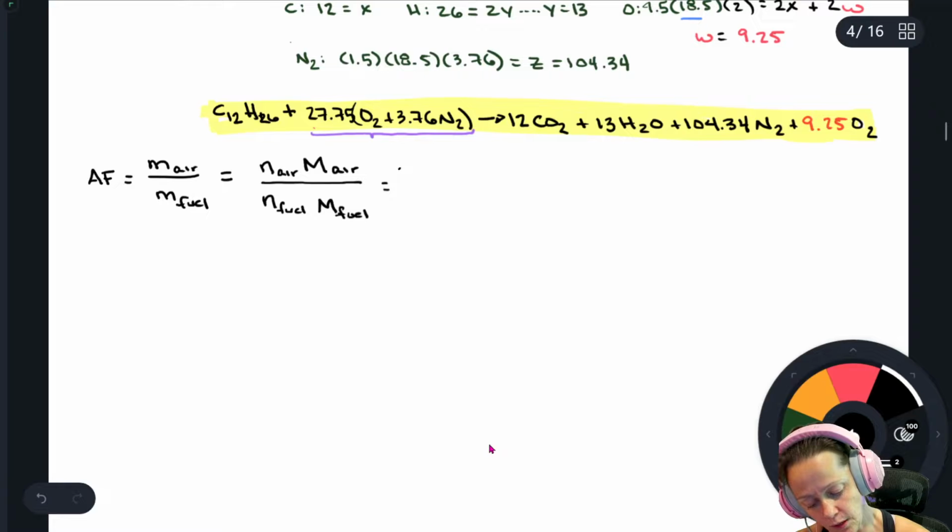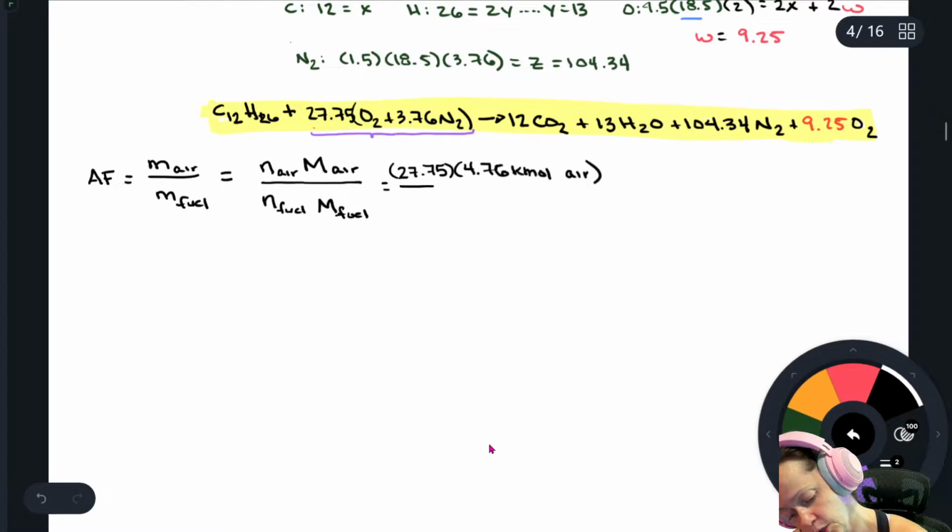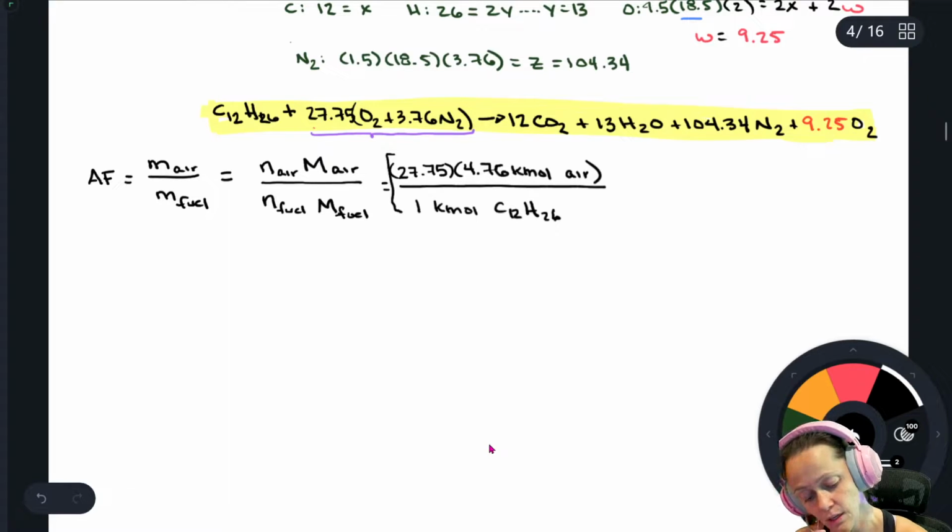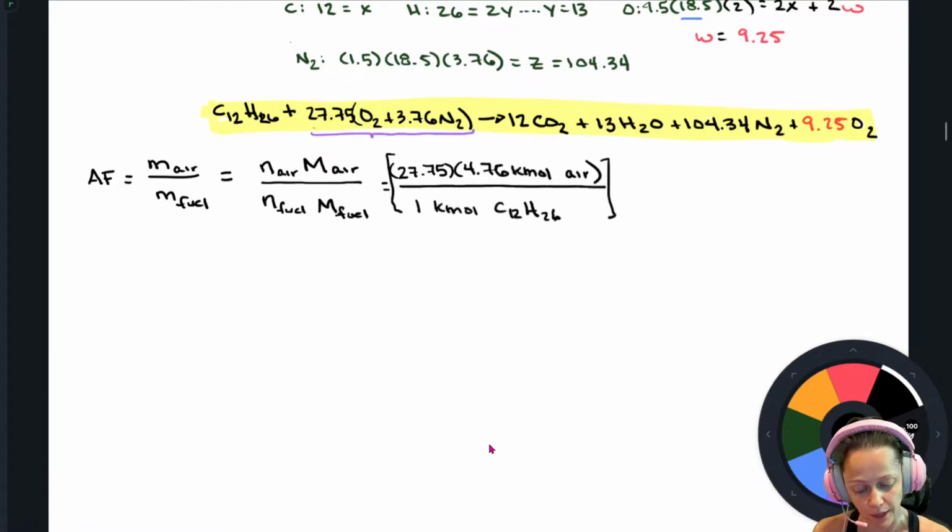So there are 27.75 times 4.76 kilomoles of air per 1 kilomole of C12H26.